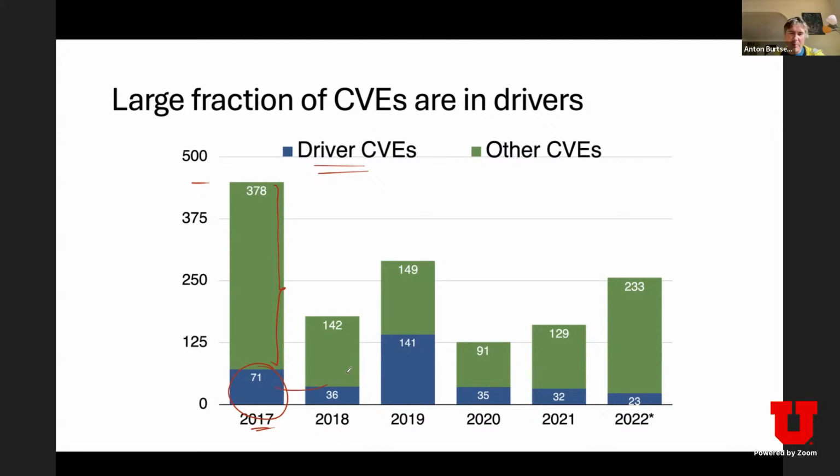And the tendency goes up and down. So one can say that maybe there is not a very strong correlation between the number of vulnerabilities in the main kernel and the driver subsystems or other extensions, but maybe there is, right?